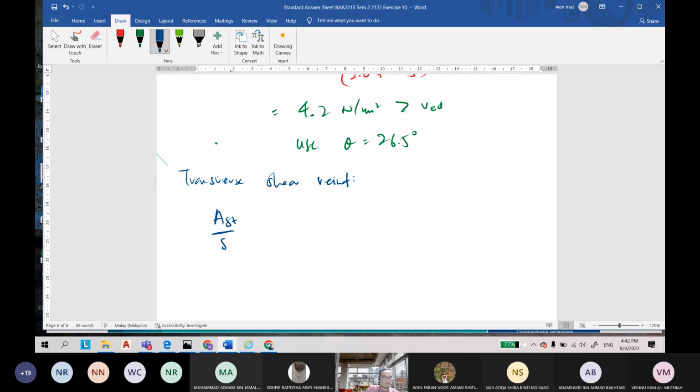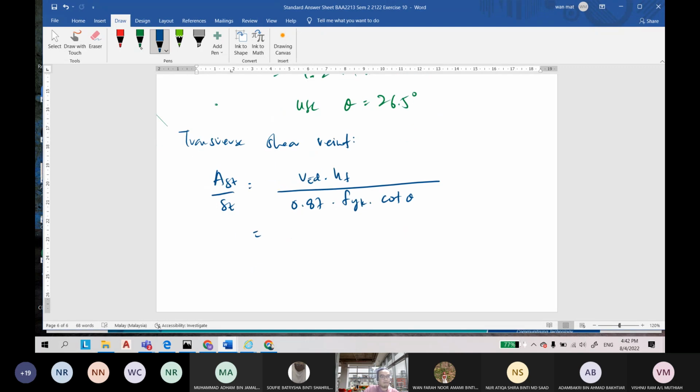AST divided by ST equals VED times HF divided by 0.87 FYK cotangent theta. Our VED now is equal to 1.32 directly, times 150, divided by 0.87 times 500 times 2.0.